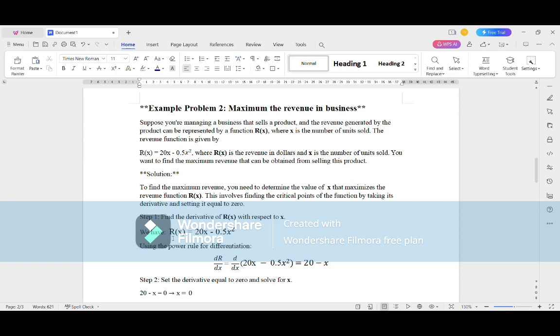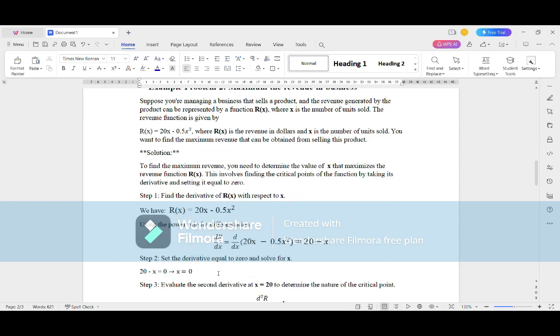Using the rules of differentiation, dR/dx, the derivative of the function R(x) is equal to 20 - x. Step 2, we set the derivative equal to 0 and we find that x equals 20.